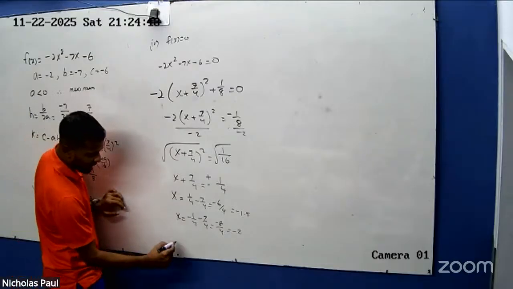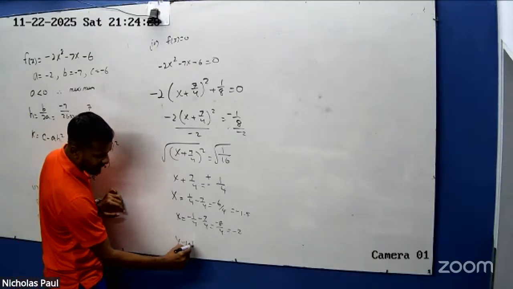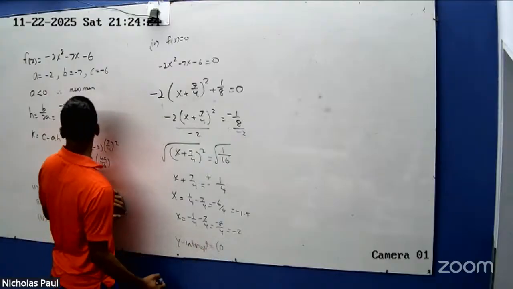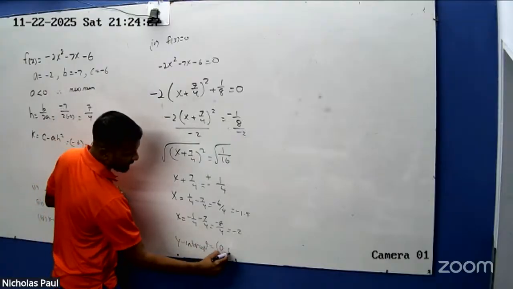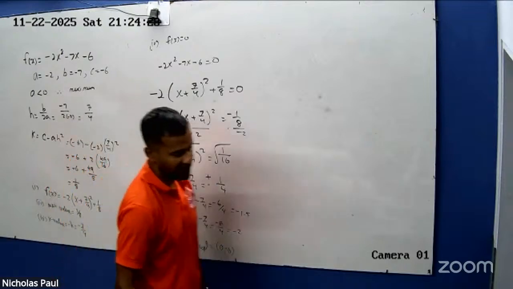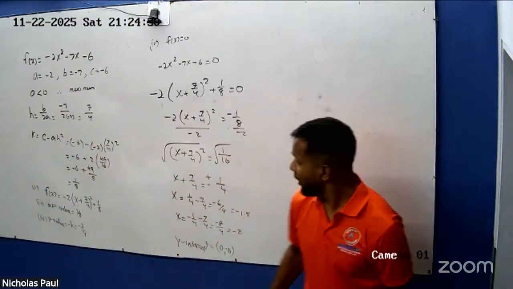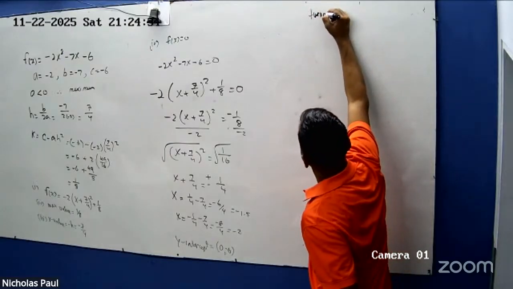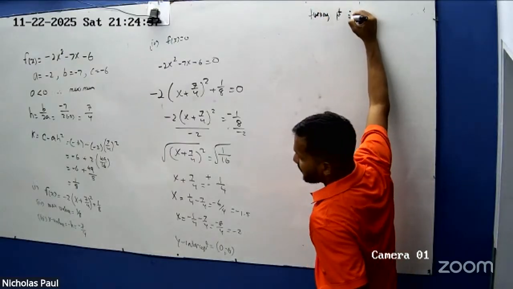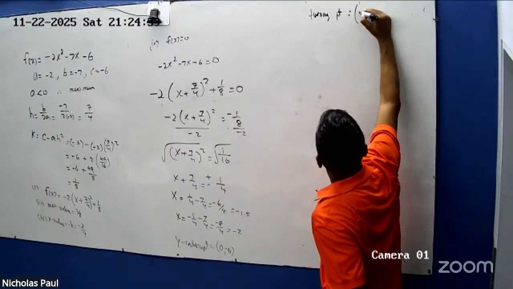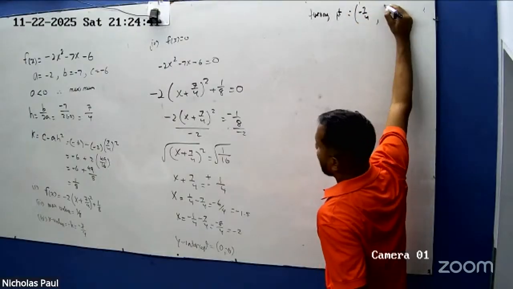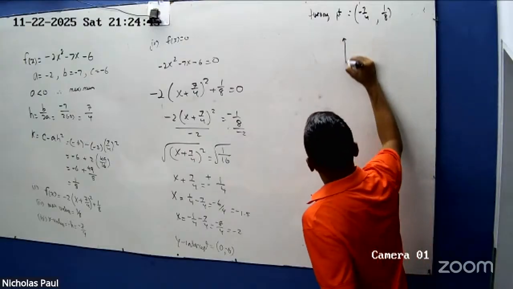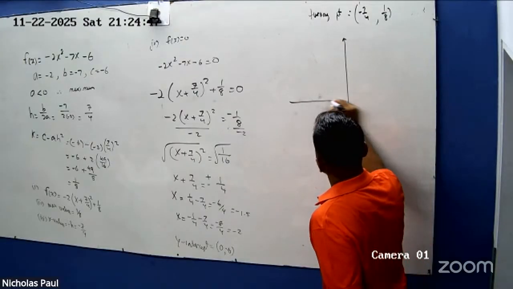Right? Last thing, they didn't ask for it as yet, but we need it. The y-intercept is 0, minus 6. How do we sketch this one? The turning point is minus 7/4, 1/8. So we could do a quick little sketch.